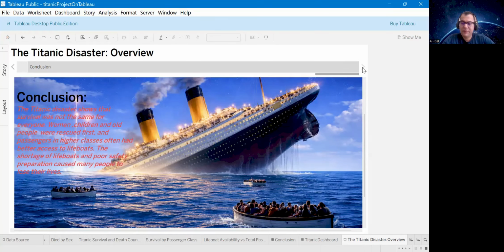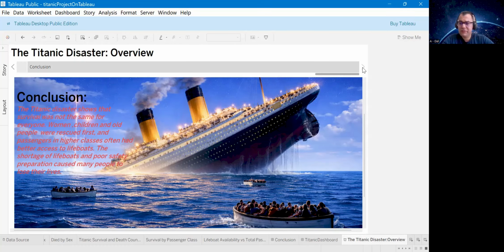Third, age also played a big role, with children receiving priority during evacuation. Finally, the limited number of lifeboats was one of the most important reasons why many passengers couldn't escape.